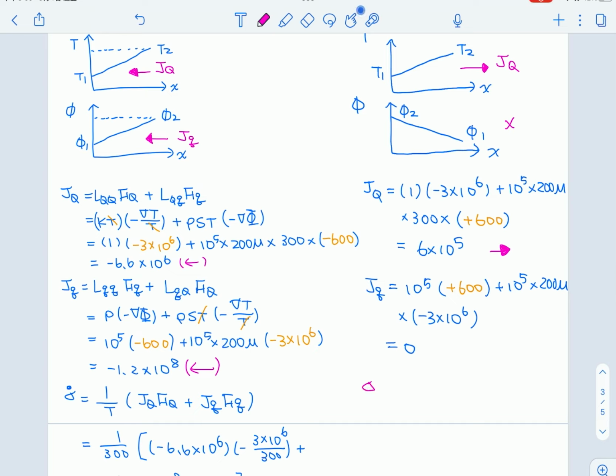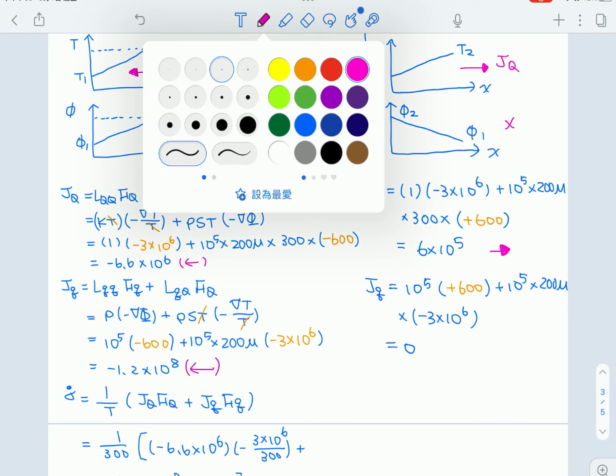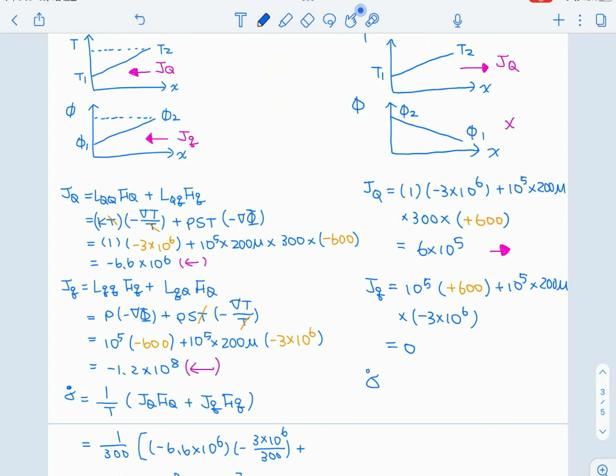So for the entropy production rate, because there's no current density, you just need to consider one driving force, right? It's J capital Q times F capital Q. So, sorry, yeah.